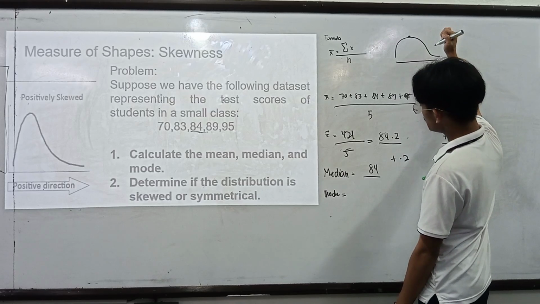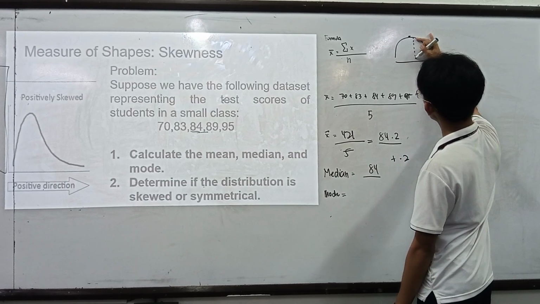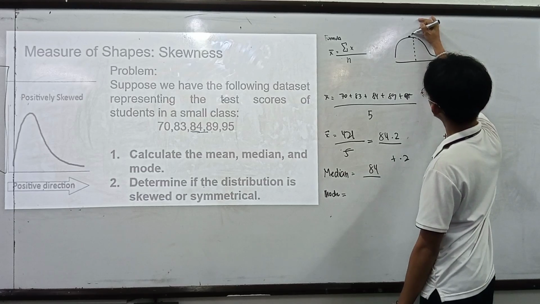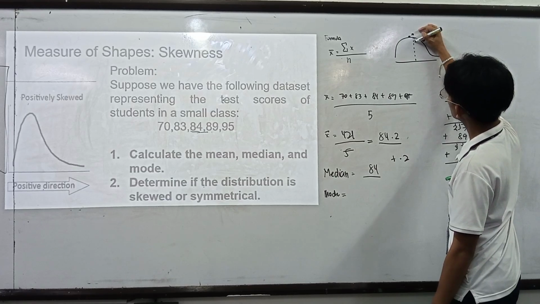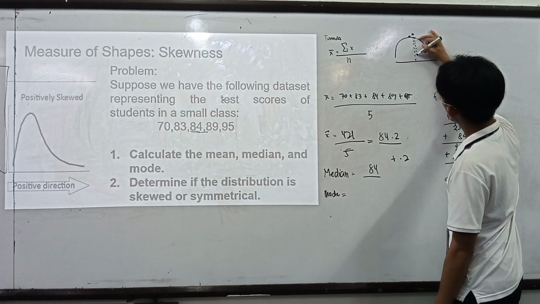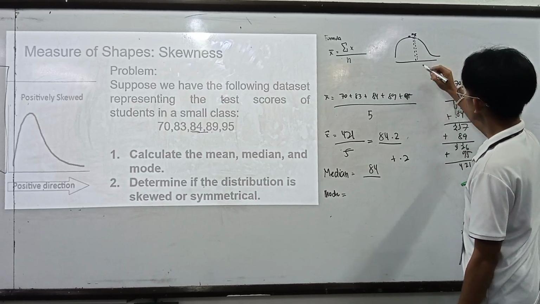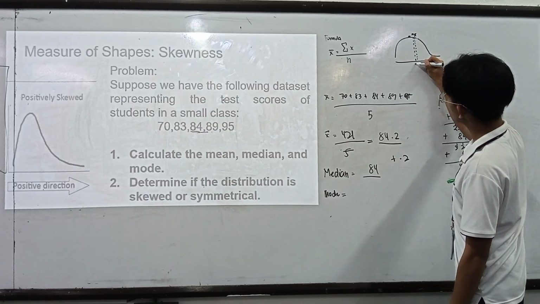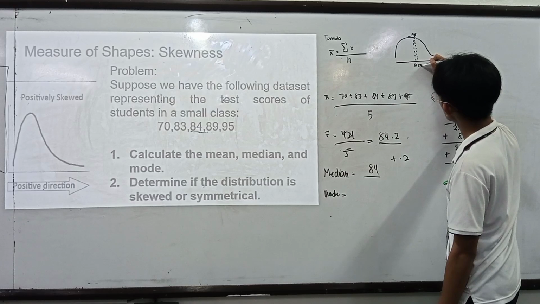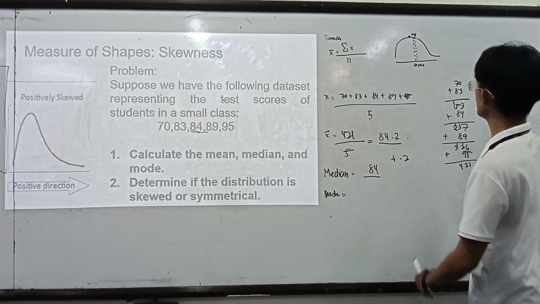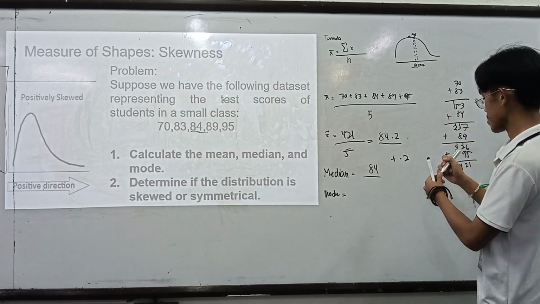Now, your median will be somewhere here on the right side of the mode, and that is your median. And your mean is somewhere here on the right side of your median, because the value of your median is 84 and the value of your mean is 84.2, which is slightly higher than the value of your median. That is why it is positively skewed.